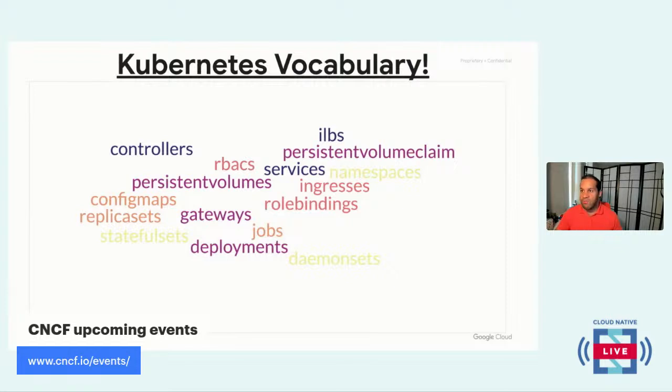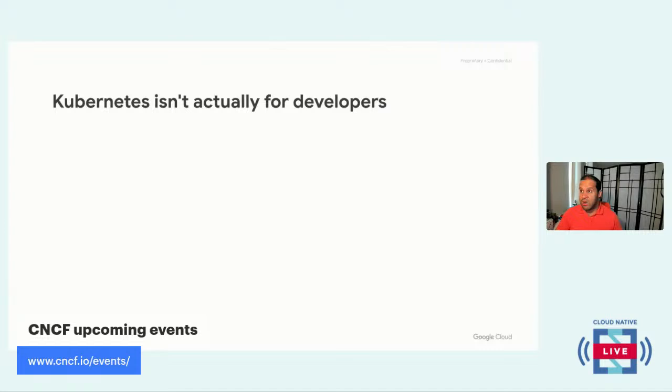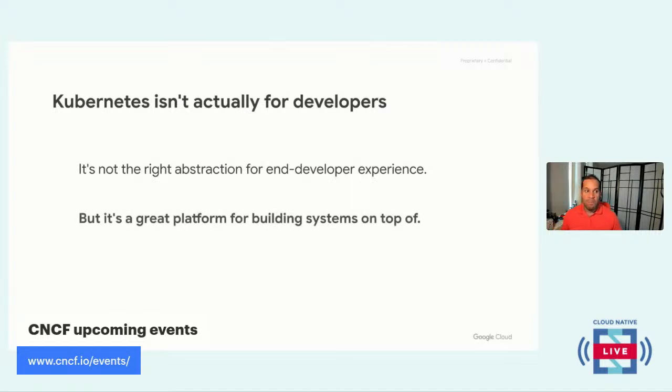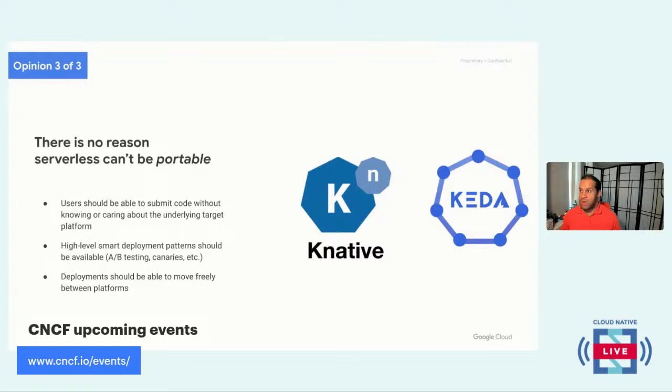It is something that you have to think about, and a lot of people don't. So really, Kubernetes isn't actually for developers in and of itself. When we look at bare bones Kubernetes, it's not the right abstraction for the end developer experience. But it's a great platform for building that abstraction on top of, which brings me to opinion 3.